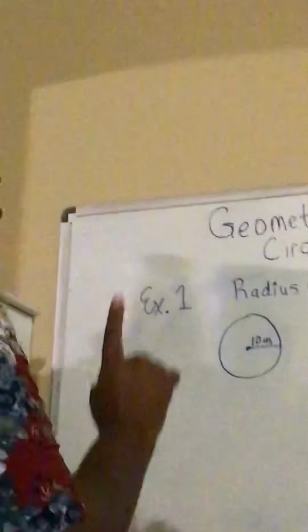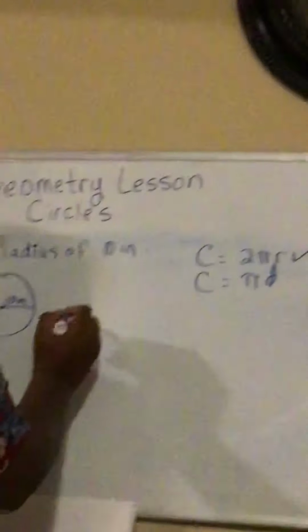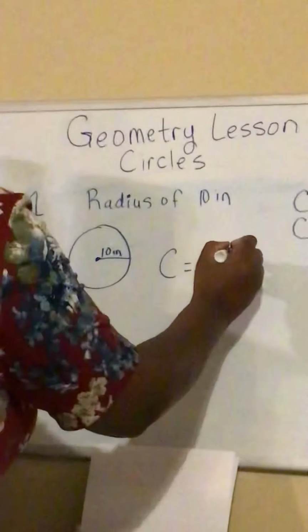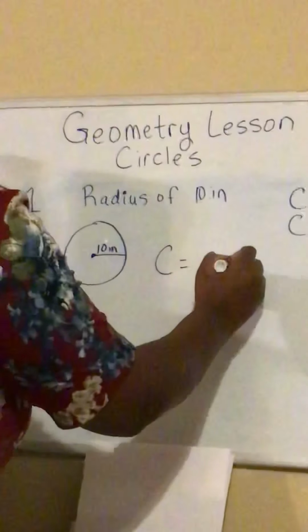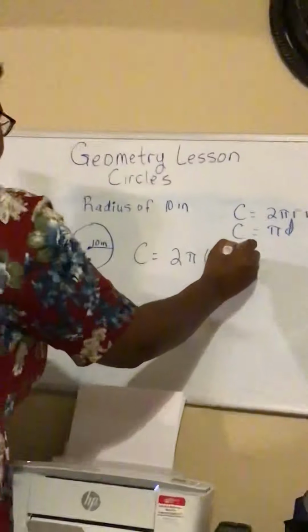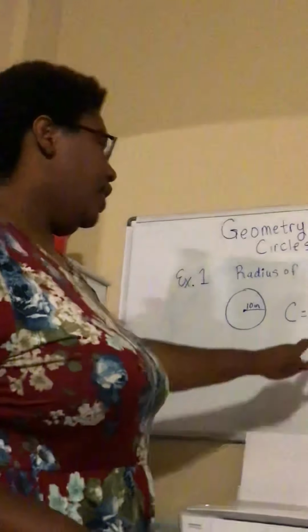Because it's a radius problem, I'm going to say we need this formula here. So, circumference is equal to 2 times pi times 10 inches. Okay? Now, most of the modern day math allows us to leave this pi in symbol form.